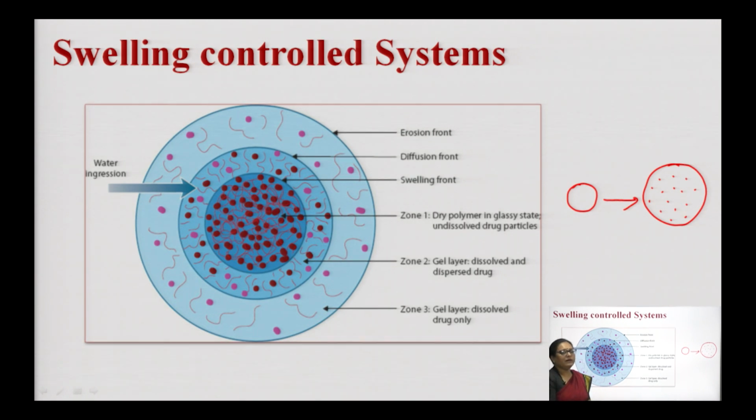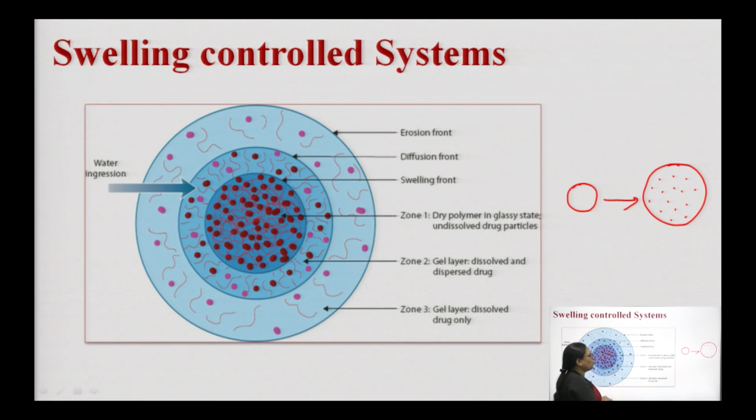Further, during the drug release process, we can identify three different zones within the system. The innermost zone, or zone 1, is the swelling controlled system comprising dry polymer in glassy state, and the drug is dispersed in this dry polymer intact. The red color depicts undissolved drug here.